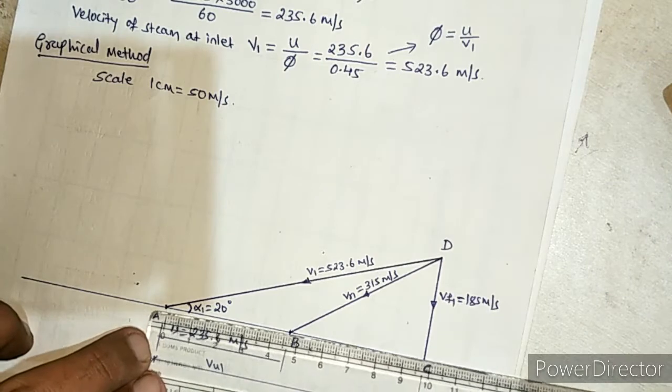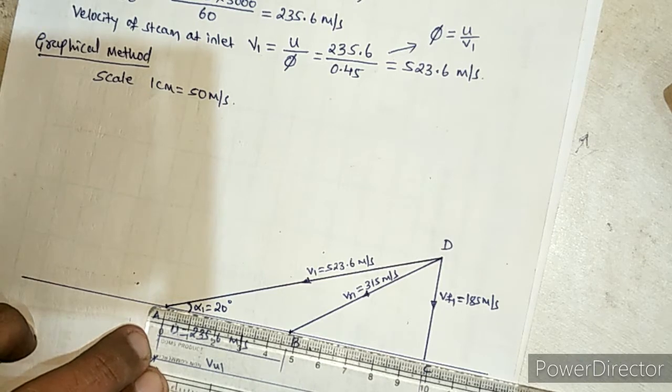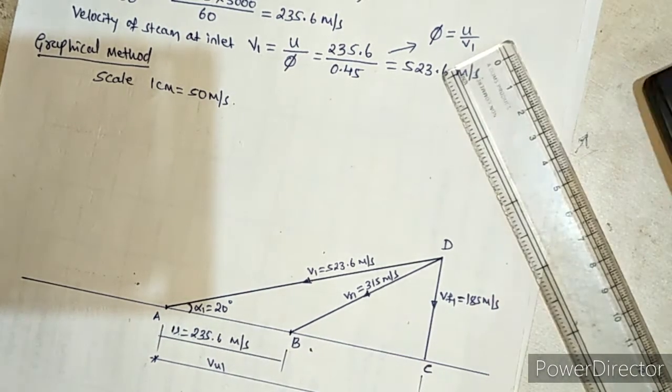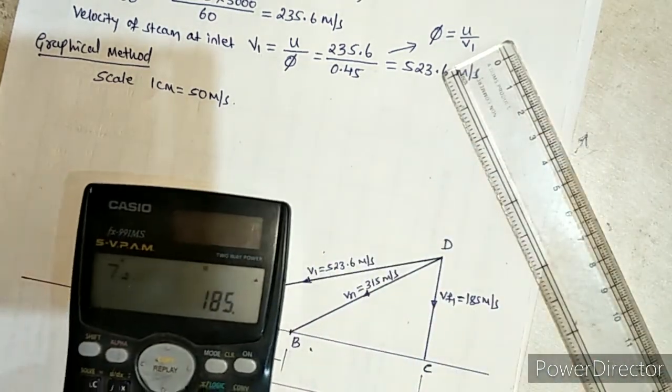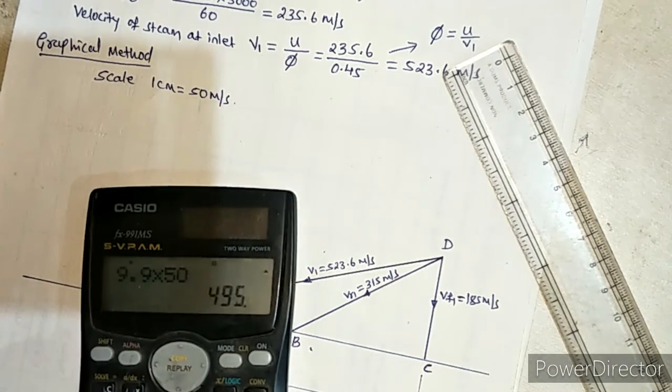So the length of AC is almost 9.9. So 9.9 into 50, we will get 495.